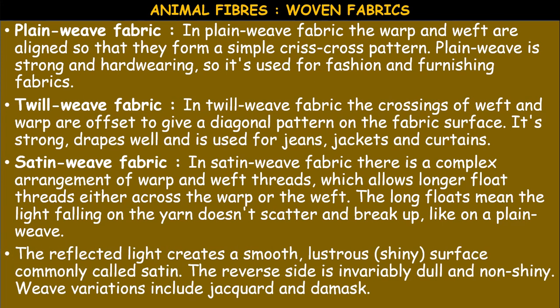The reflected light creates a smooth, lustrous, shiny surface, commonly called satin. The reverse side is invariably dull and non-shiny. The weave variations include jacquard and damask.